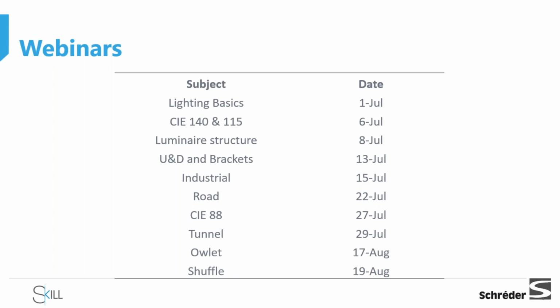On the 8th of July, we will have the luminaire structure, focusing on the luminaire as a unit, the optical compartment and its components, the control gear compartment and its components, the fixation, and the certifications required to make sure those luminaires have quality.